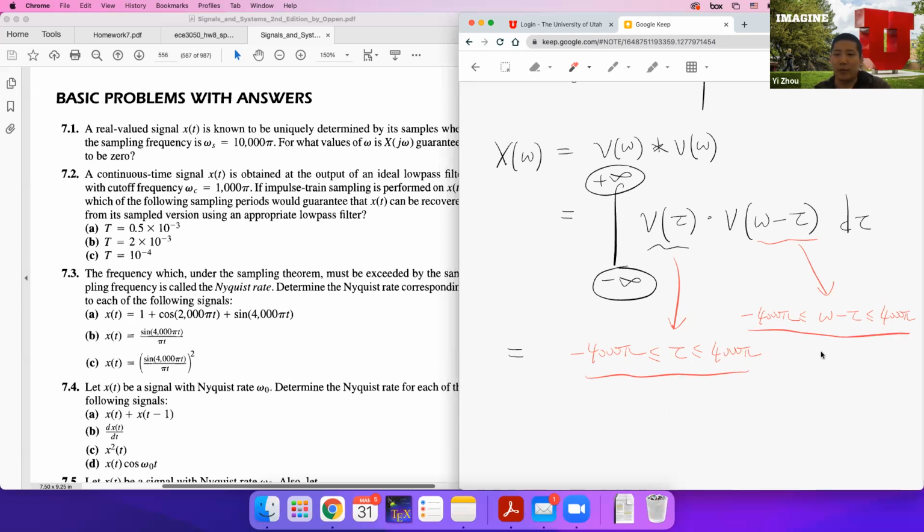The other constraint gives tau less than or equal to omega plus 4,000 pi, and tau greater than or equal to omega minus 4,000 pi.